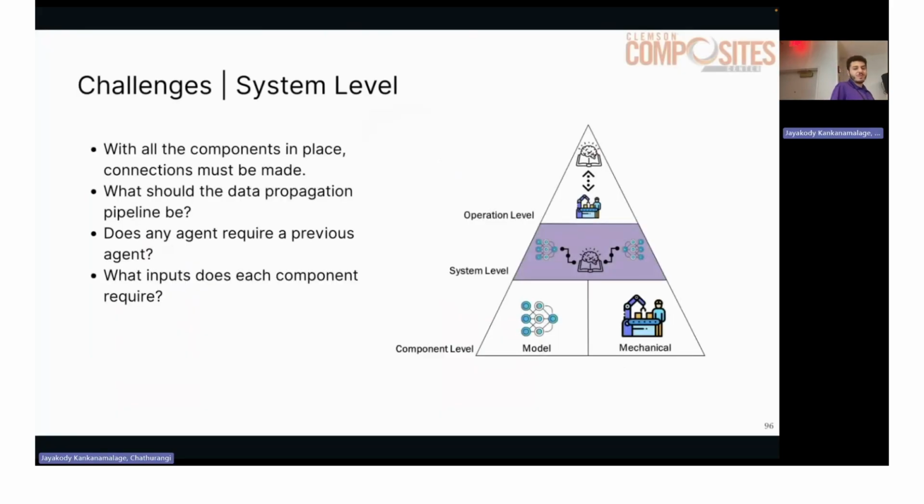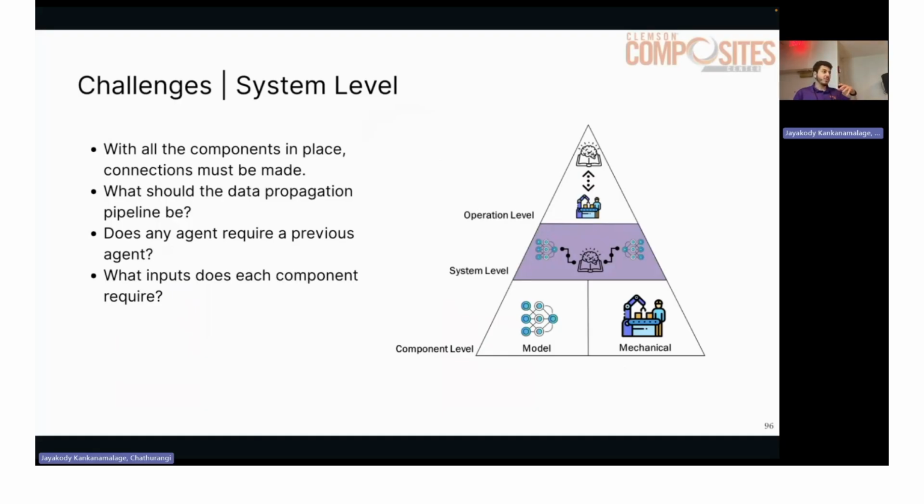And now moving on to the second level, which is the system level. This is where we start thinking about systems engineering. If I have two different agents or three different agents, which agent needs to act first before the other? Is there a specific data pipeline that I need to adhere to so that my whole CoPilot, for example, can operate correctly?